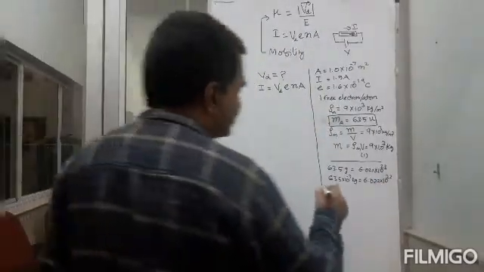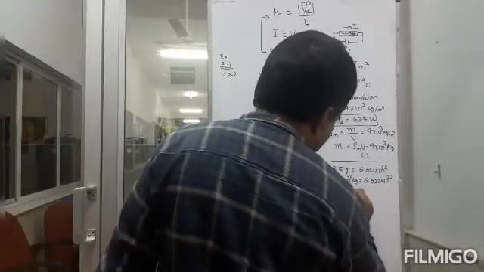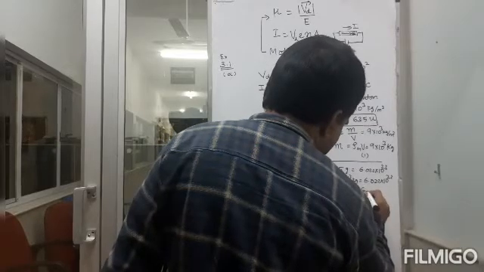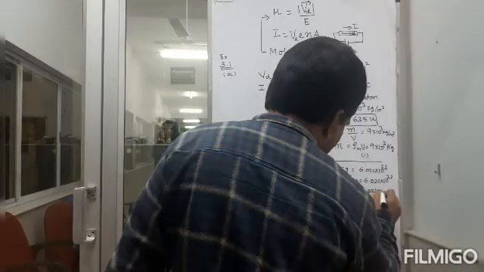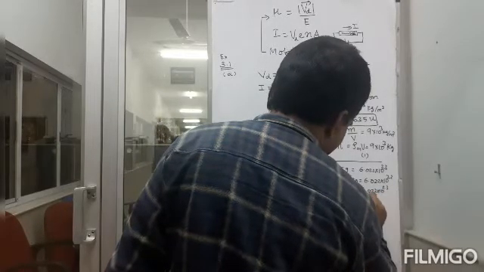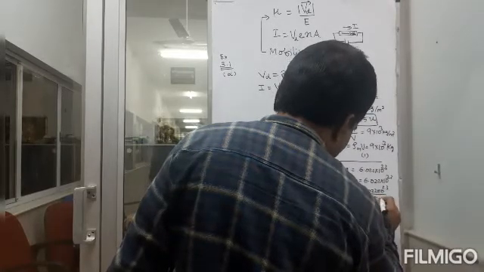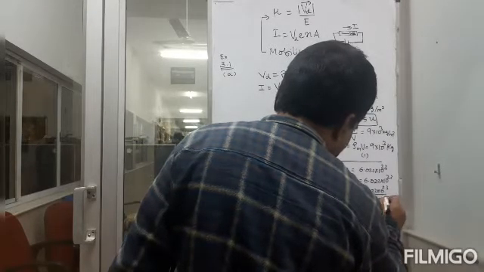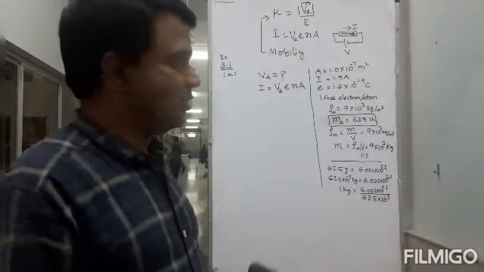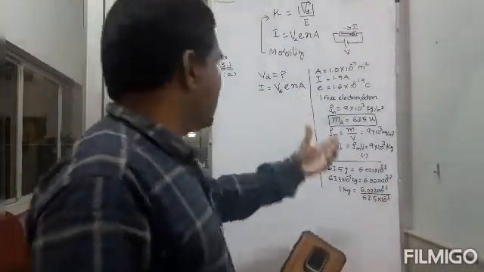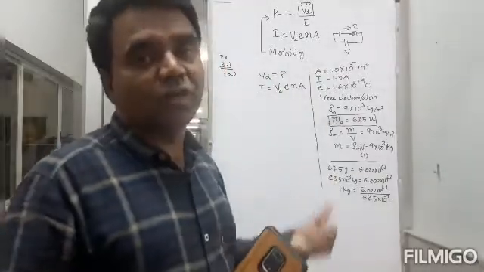So in 1 kg, I'll have 6.022 into 10 power 23 by 63.5 into 10 power minus 3 atoms in 1 kg.